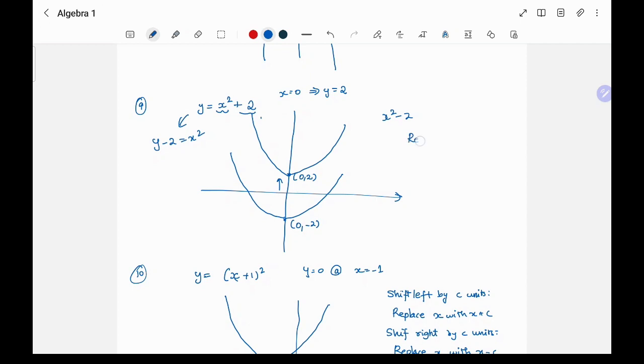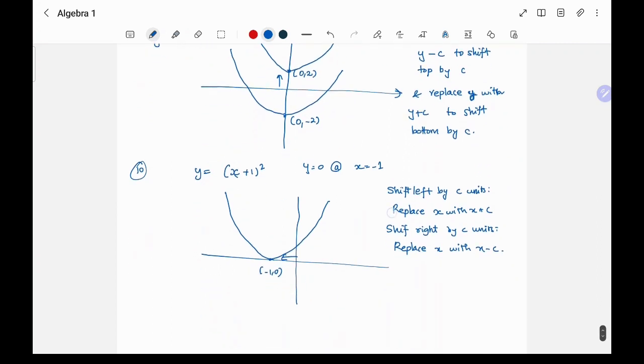So replace y with y minus c to shift top. And replace y with y plus c to shift bottom by c. So this is shifting operation.